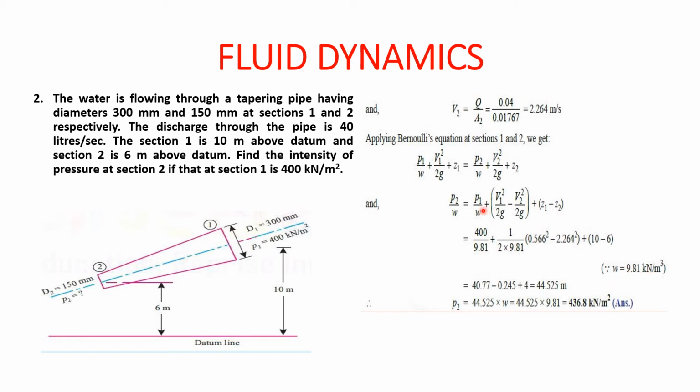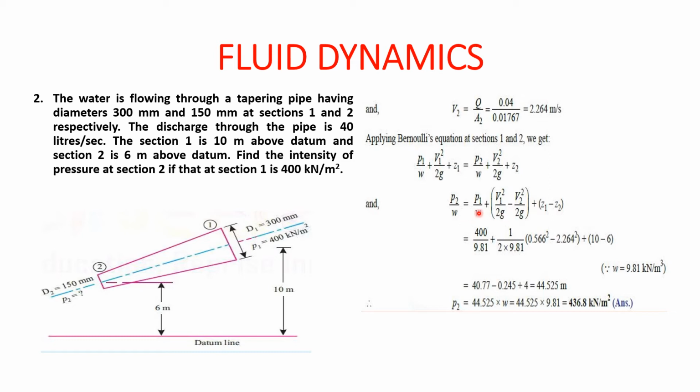Now we rearrange the equation. P2 by W will be equal to P1 by W plus V1 square by 2G, minus V2 square by 2G, since it moves to the other side and becomes negative, plus Z1, which remains as it is, and Z2 moving to the left-hand side becomes negative.